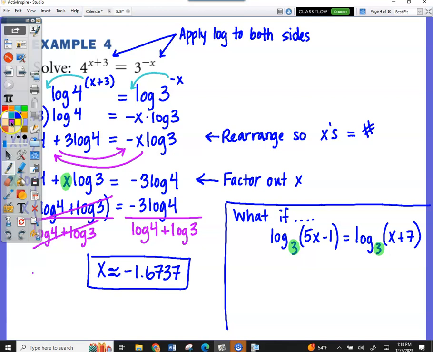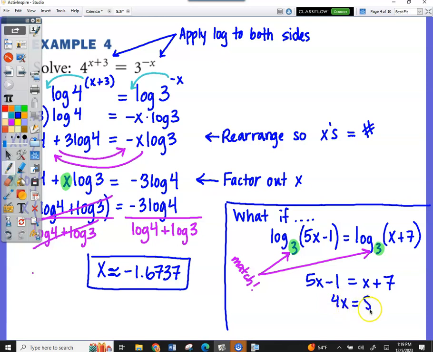So, 5x minus 1 has to equal x plus 7. Subtract, so that's 4x equals 8, x is 2. Right?